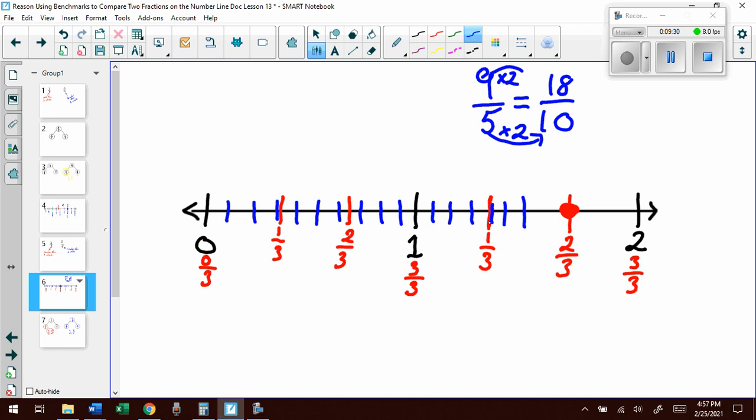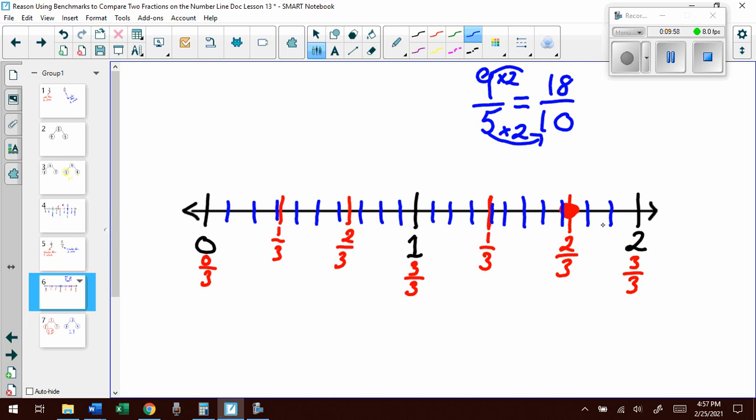Now right here I can see that my half must not be extremely equal because that looks a lot more equivalent than it should. But that's all right. 1, 2, 3, 4, 5. So I have 1, 2, 3, 4, 5, 6, 7, 8, 9, 10 here. 1, 2, 3, 4, 5, 6, 7, 8, 9.